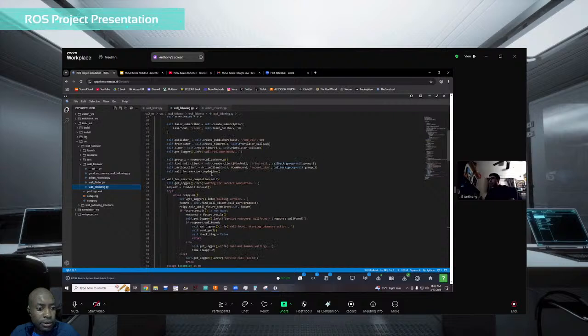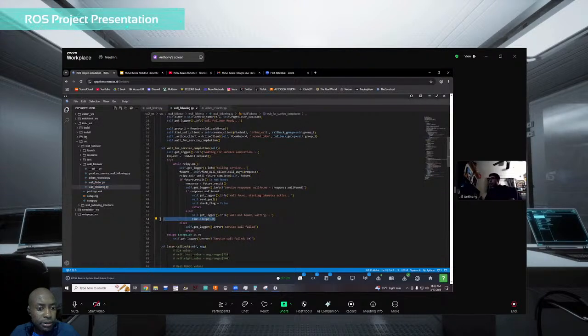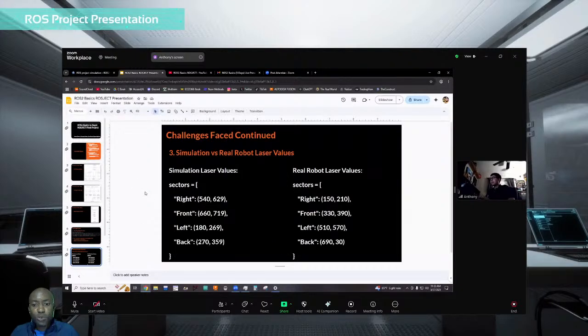Let me see if I can find it. Right here, it checks every second. Once the wall was found, the service server was shutting down too fast. So this would just get stuck and nothing would happen. It would not start following the wall, and it wouldn't have the time to give feedback to say I found the wall.